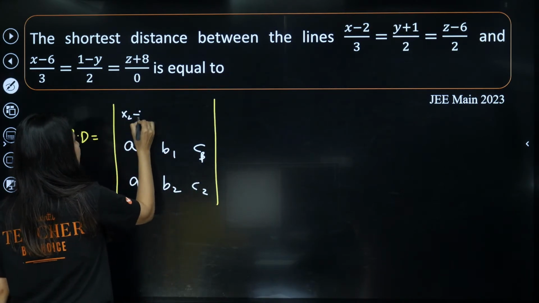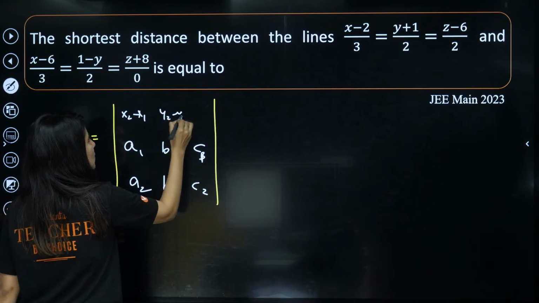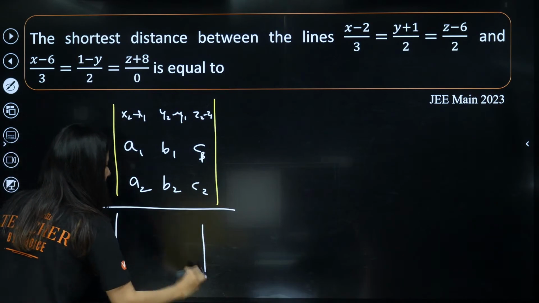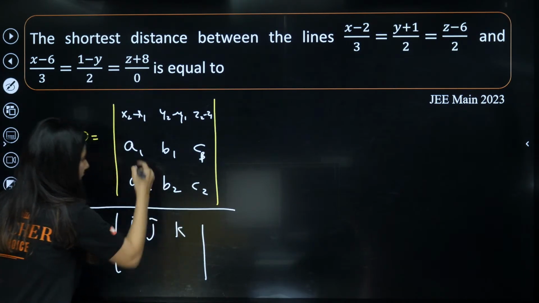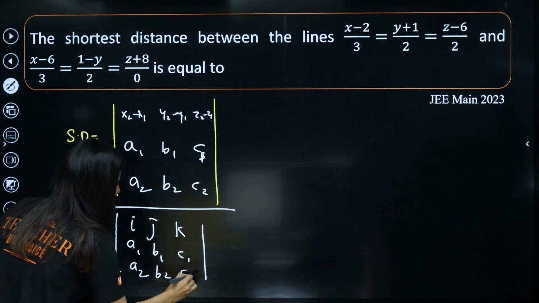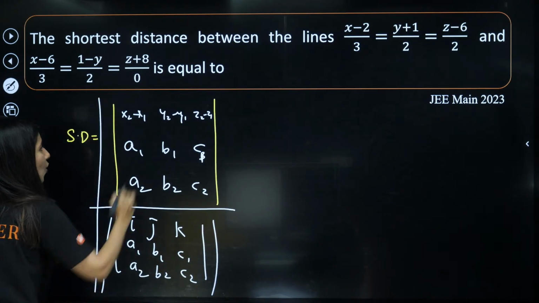And here x2 minus x1, y2 minus y1, z2 minus z1, whole upon the cross product between these two, A1, B1, C1 and A2, B2, C2, magnitude, and there is a mod.